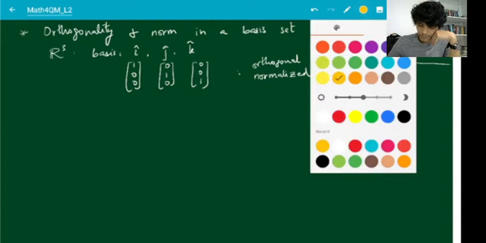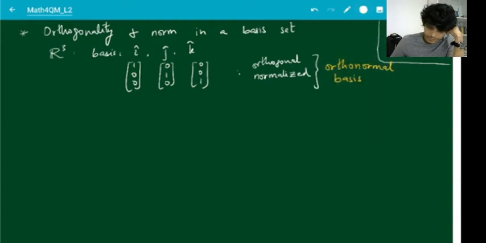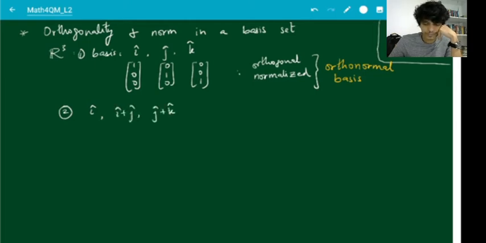Let's take one more basis. Let's take the basis given by i, i plus j and j plus k. So in column notation, this is going to be 1 0 0, this is going to be 1 1 0, this is going to be 0 1 1.